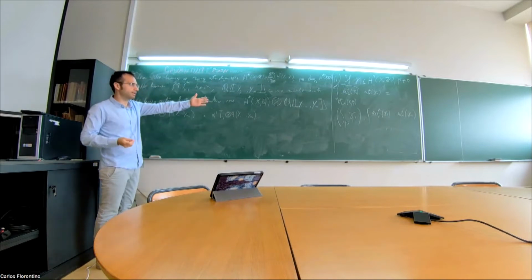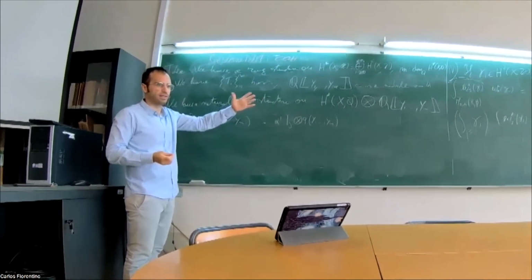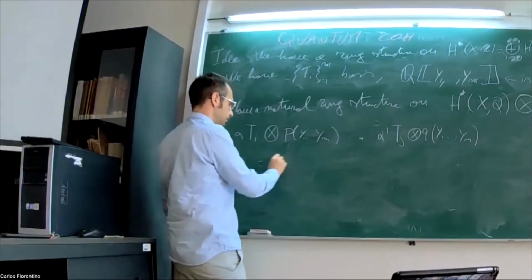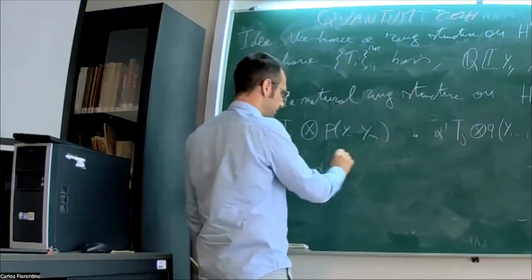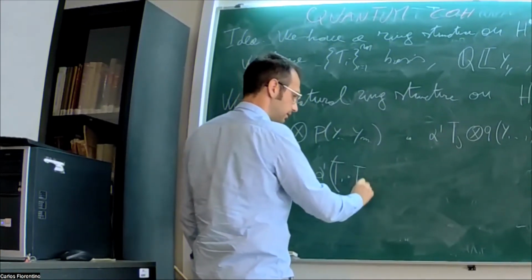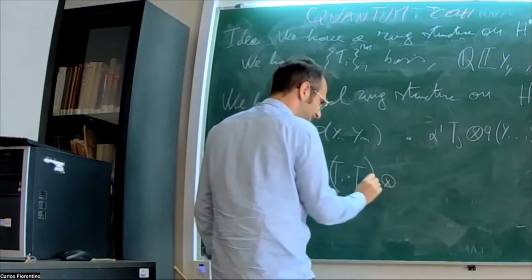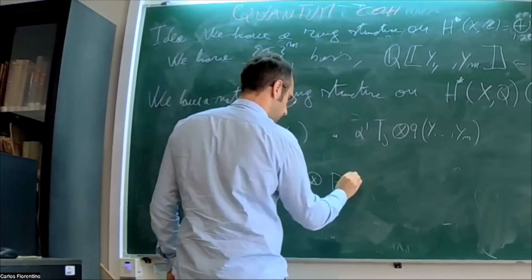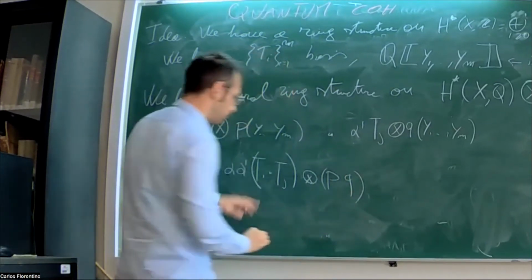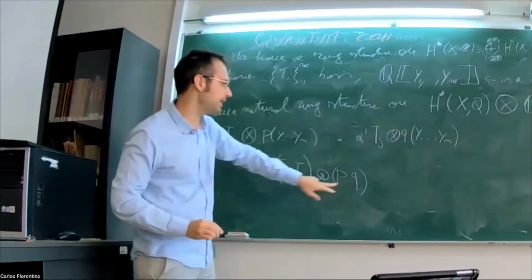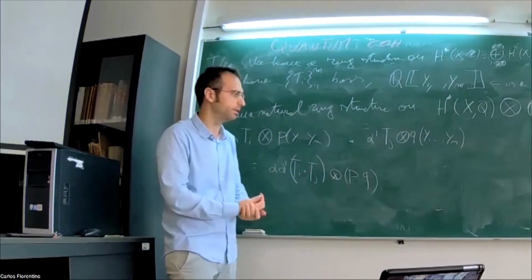There is a natural ring structure that is just the product of the two ring structures. This is the operation of this ring, and this is just the multiplication.